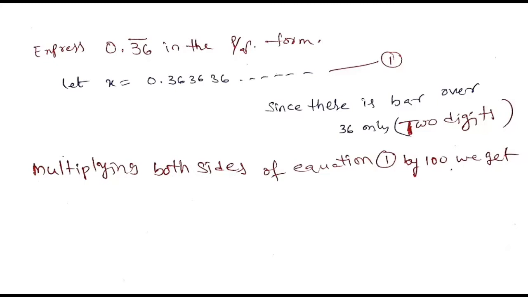So we should multiply 100 on both sides, right? Because 2 digits. Sir, is the answer 4 by 11? Correct.